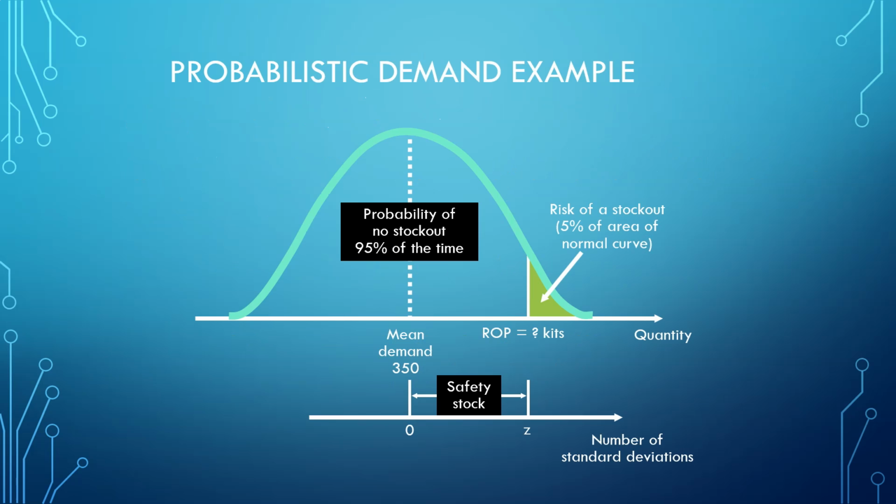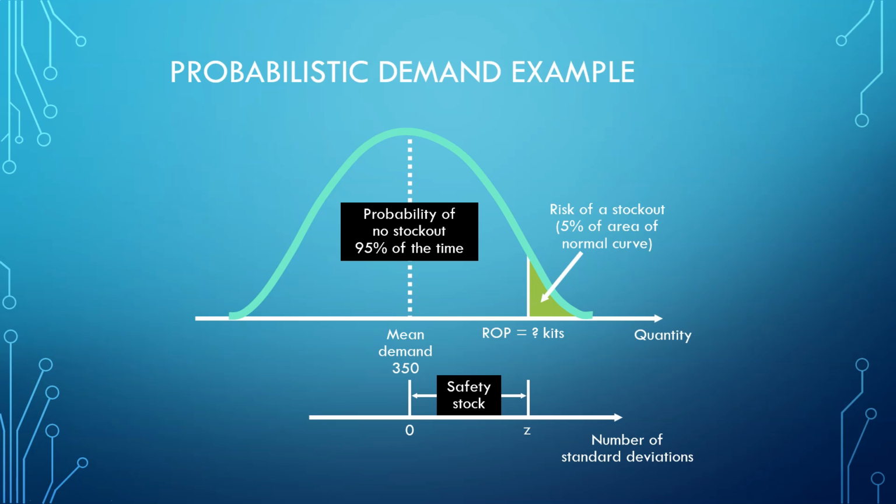The curve in this graph shows the 95% probability of no stockouts. This is the 95%, the area under the curve, while the 5% is the risk of stockout, which is the area under the curve here at the end of the normal curve.